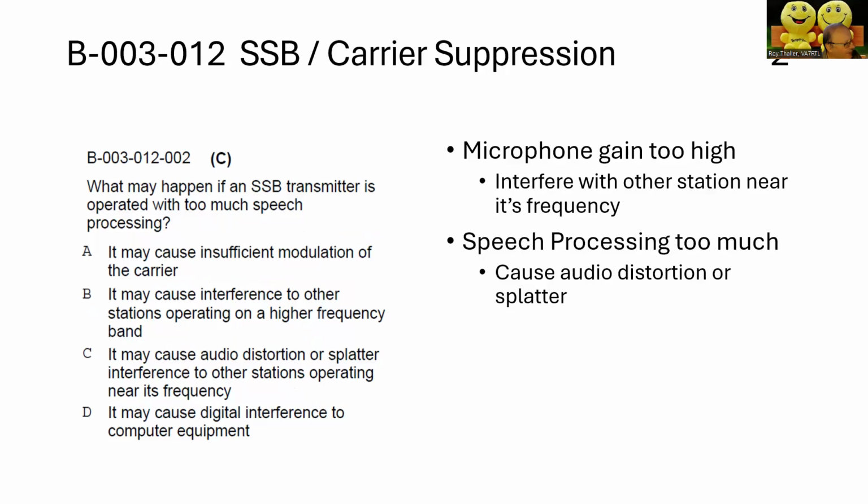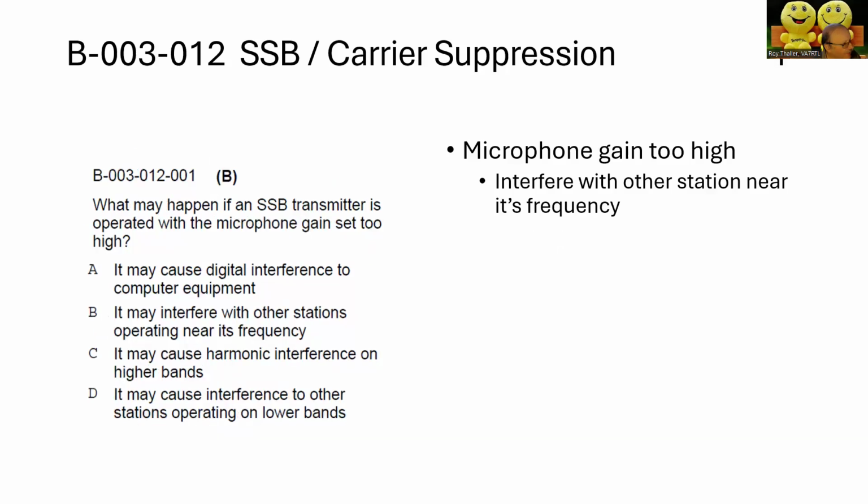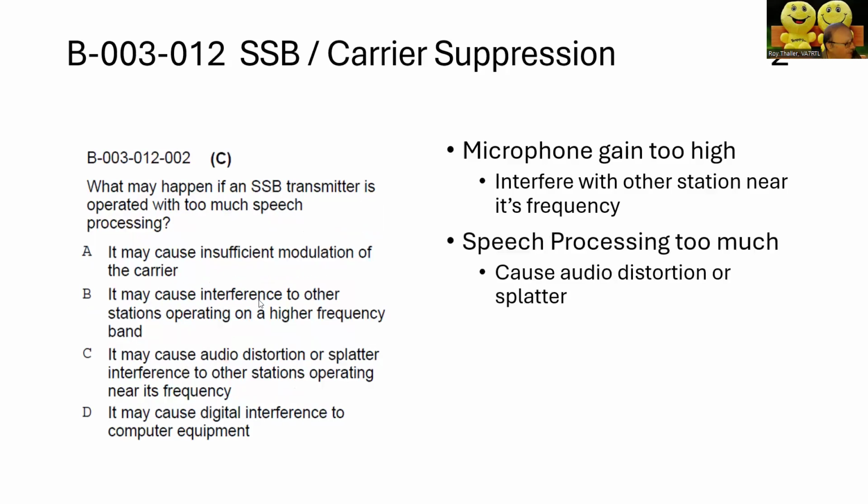What may happen if the single sideband transmitter is operated with too much speech processing? So you can either adjust the microphone gain and or the speech processing. So C again, it may cause audio distortion or splatter interference with other stations operating near its frequency.